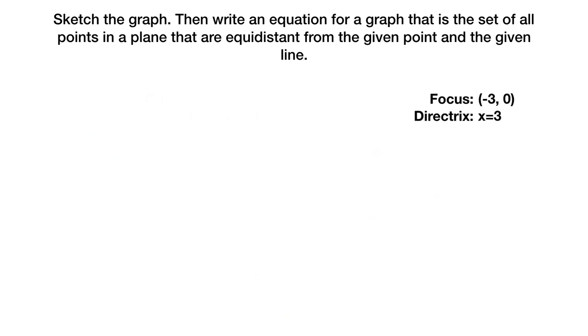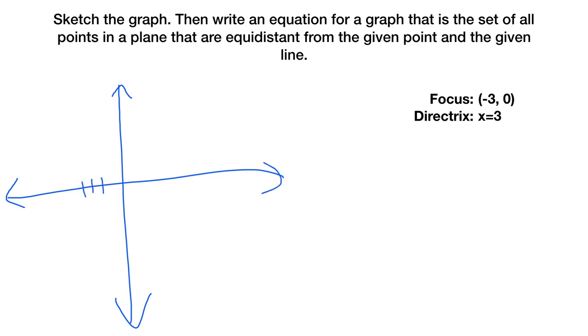The focus in this case is at -3. So at -3, we have our focus. And at x equals 3, being a vertical line, we have our directrix, which tells me it's going to be opening up horizontally. Now, the midpoint between those two, the full distance is 6, so it's going to be 3 apart from each one, meaning our vertex is once again at 0, 0. And our p-value is half of that 6, or 3.